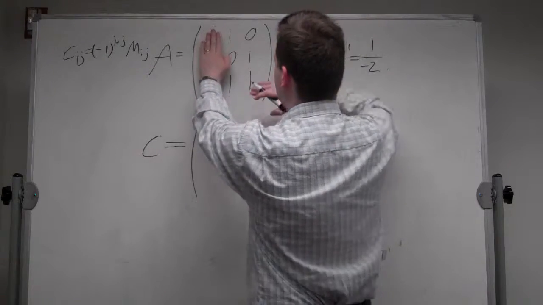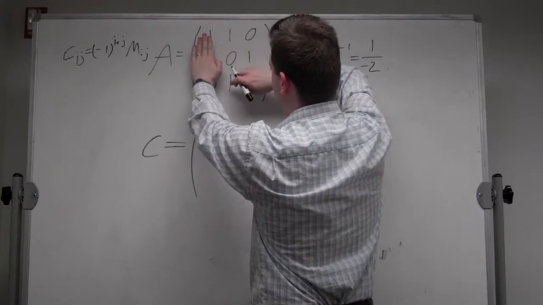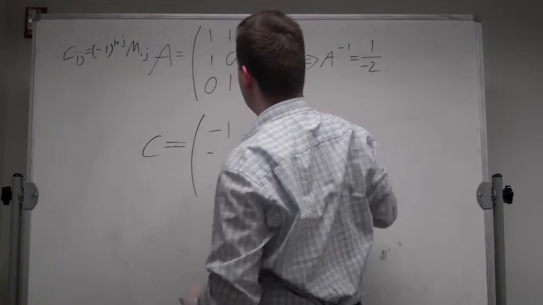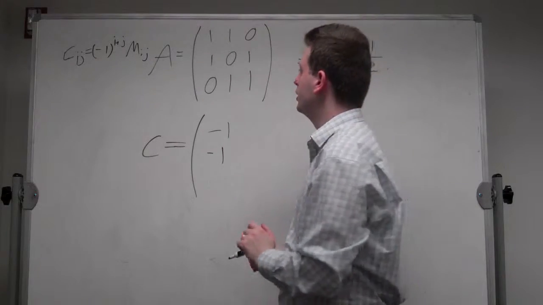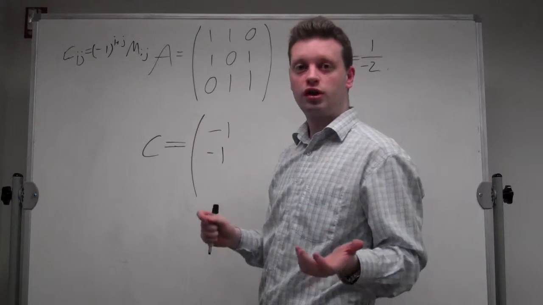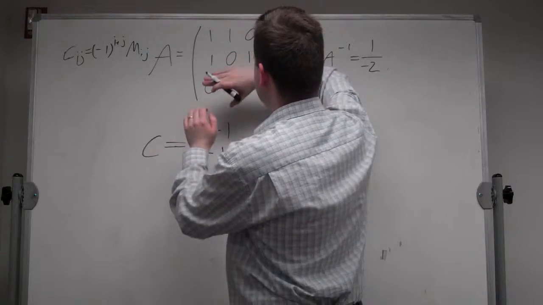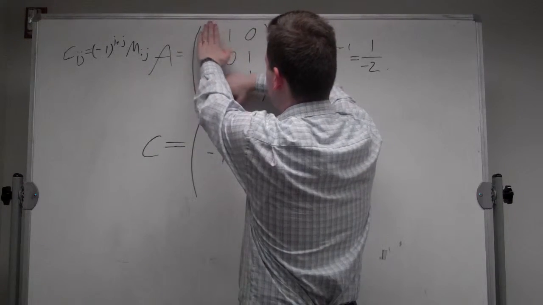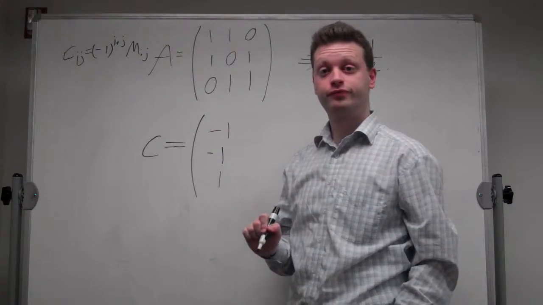We delete column 1 and row 2, and we're left with this matrix here, which has determinant 1. So we have minus 1 here. The last element down here has indices 3 and 1, so there's no negative sign. We delete the last row and the first column, and we get the determinant of 1.